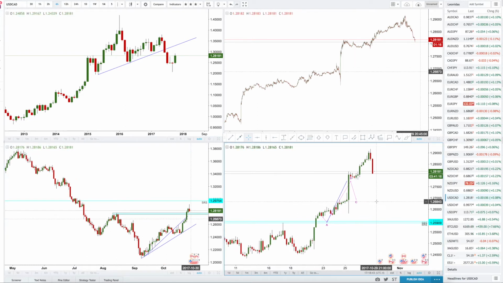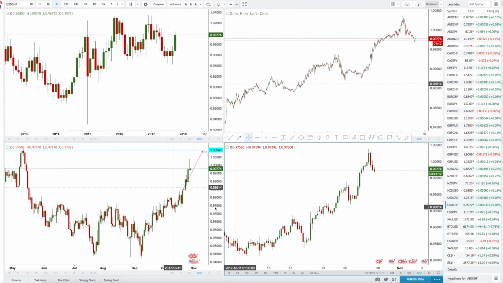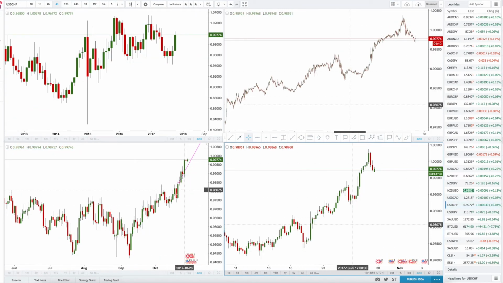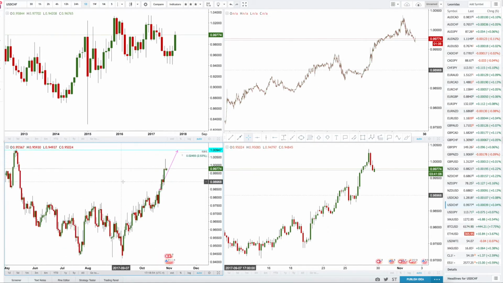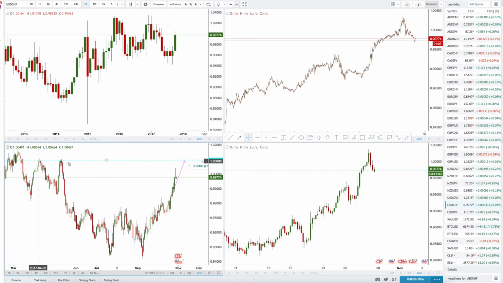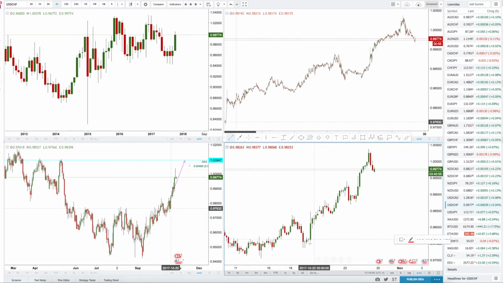All right. So then we also looked at USD Swiss franc. We projected it going higher all week, and it did. And it hasn't reached that resistance there yet at 1009. So the trend is still up. I mean, I'm pretty bullish on USD, so I expect it to keep going higher.